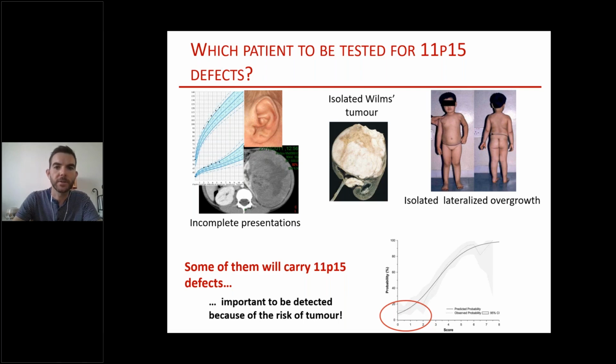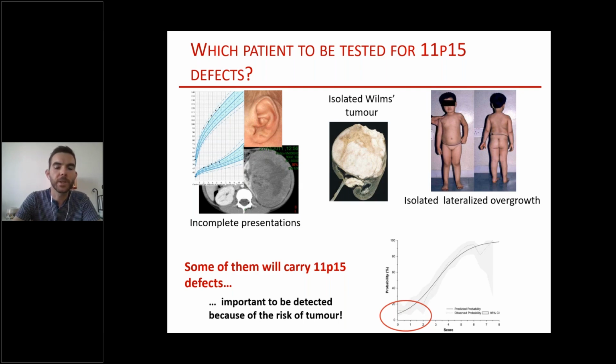Because nowadays we know that a lot of patients will present with incomplete presentations, meaning that they present some of the symptoms that have been described, but not all the symptoms. And we also know that for some patients, there will be only one symptom.